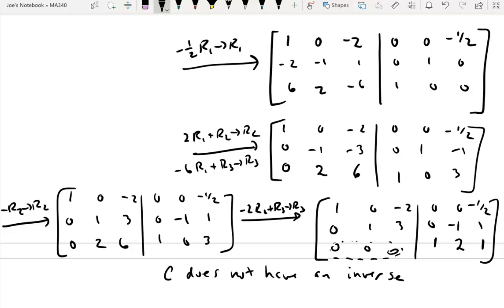That's a fancy way to say it. But what I'm looking for is if you go through your elimination process and you get that row of zeros there, then you get no solution. Or sorry, you get no inverse. That was why I wanted to go through this example in particular. That's okay?